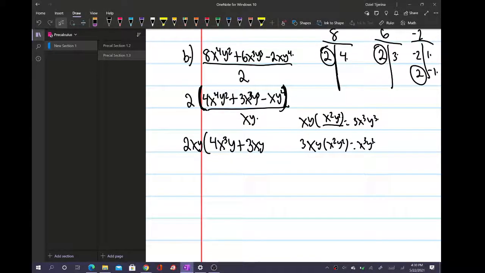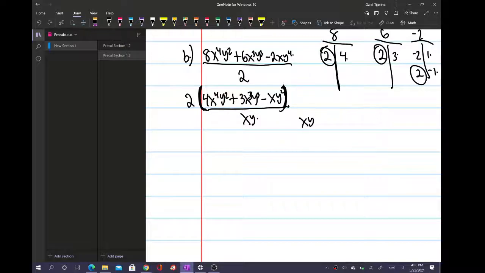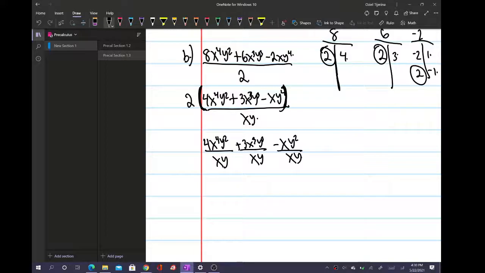If it helps, instead of doing this, we can say the following. 4x to the 4th y squared over xy plus 3x cubed y cubed over xy minus xy squared over xy, right? This is all multiplied by 2.